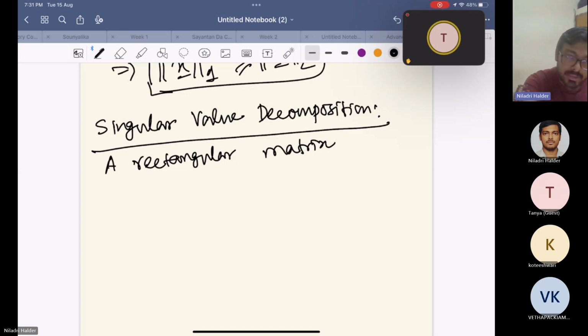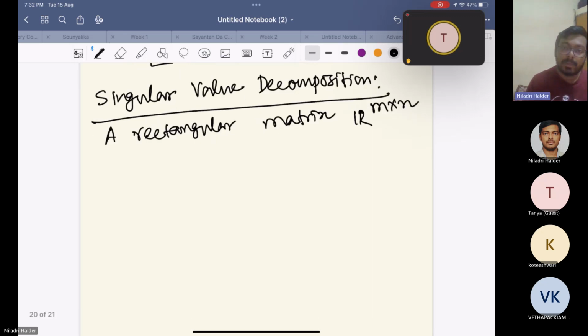This is the generalized version of decomposition. So for a rectangular matrix, some M cross N matrix, suppose A is the matrix that belongs to R m cross n.